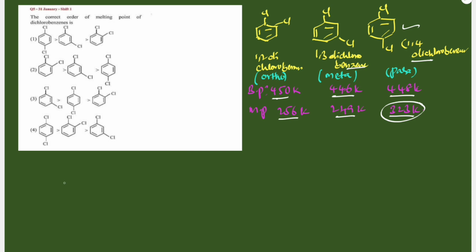Now have a look at this structure. It is 1,4 dichlorobenzene. It is more symmetrical and has better crystal fitting.